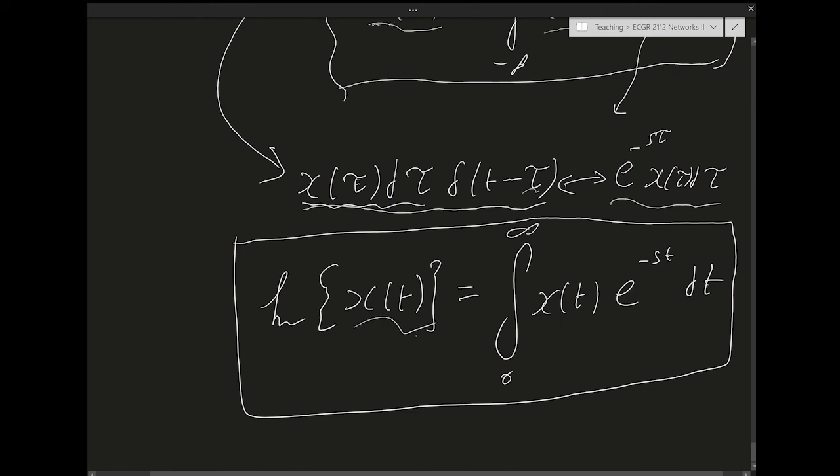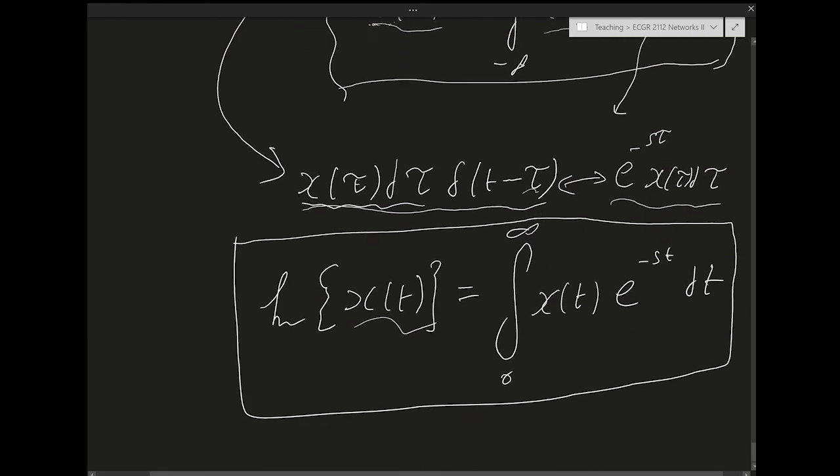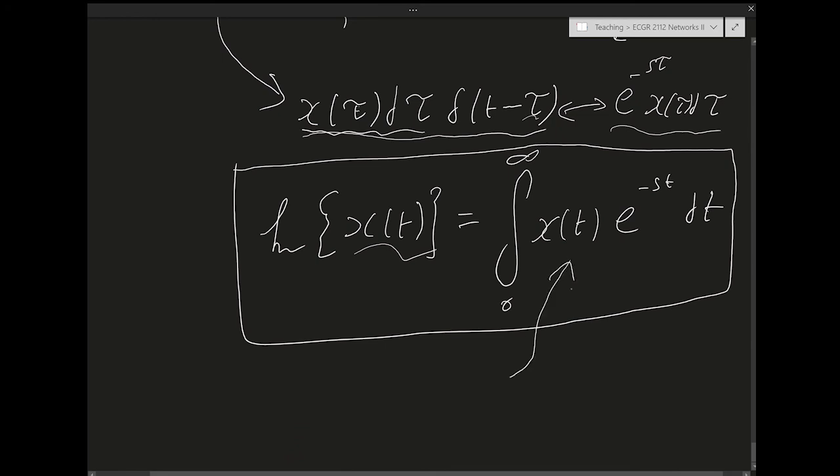So we know how to find the Laplace transform for any elementary signal, but what if we have some random signal that we don't know how to manipulate? We could opt to use this integral formula, and this integral formula naturally occurs from the properties, right? In many textbooks and in most treatments, people start with this formula. The problem with starting with this formula is that it does not converge. So in many cases, you have a Laplace transform, but the integral definition does not converge.